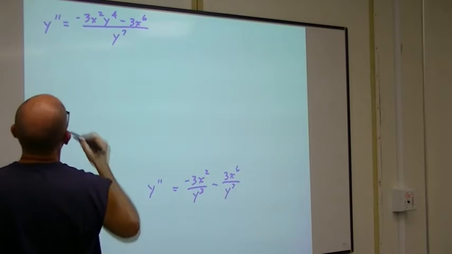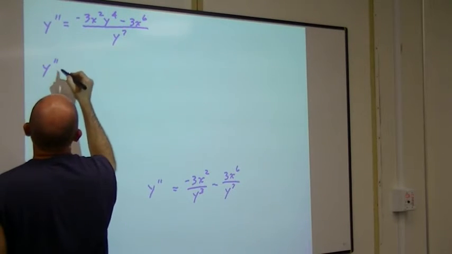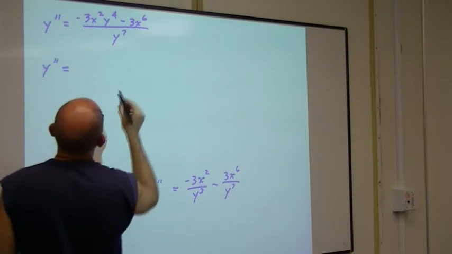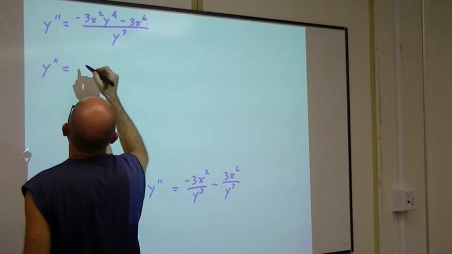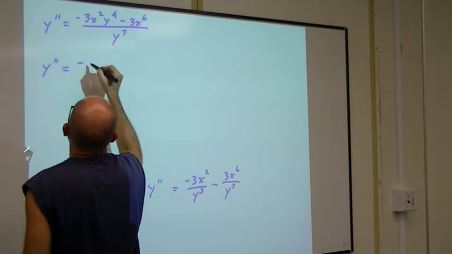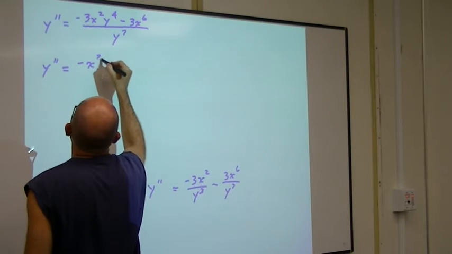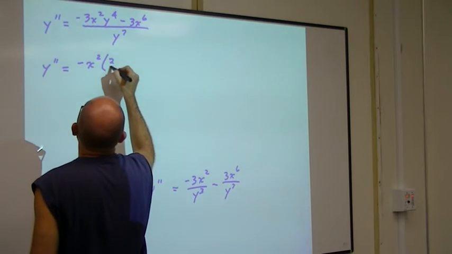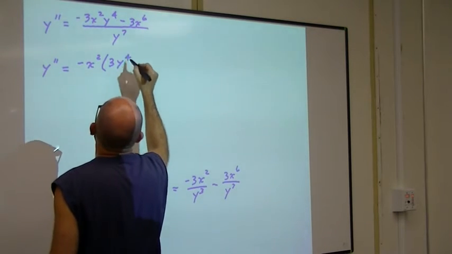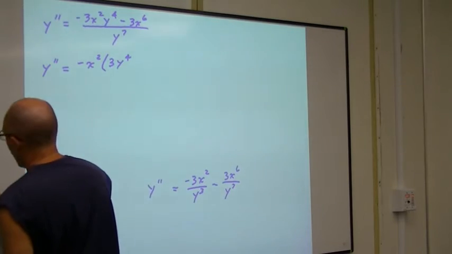Okay, so next, we just factor out an x squared here. Let's factor out a negative x squared. Oh, rats.